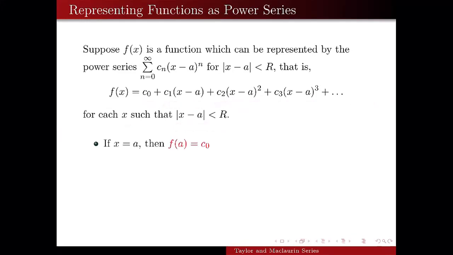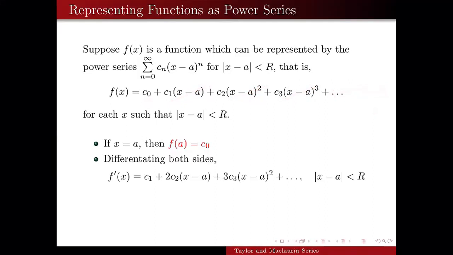Now, if x equals a, of course, these terms here will disappear and we will only have c sub 0. So if x equals a, then f of a equals c sub 0. Take note of that.